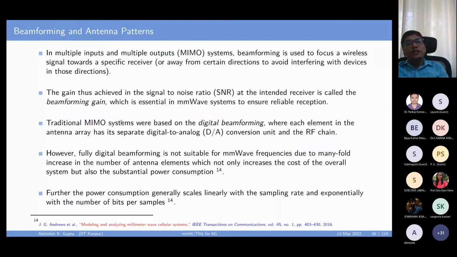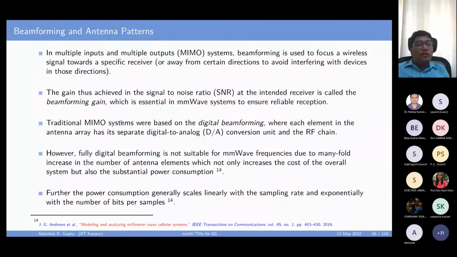So now this fully digital beamforming is not suitable for millimeter wave, right? Because in millimeter wave, we may be talking about 64 antennas or 128 antennas, right? And these antennas are small, so they can be kept at a small distance, so spacing is not a problem. But when you have so many antennas, if you try to have one RF chain for each of them, that will result in a huge power requirement, right?